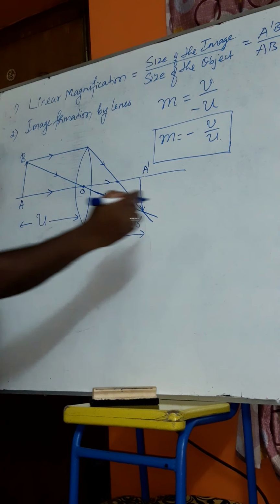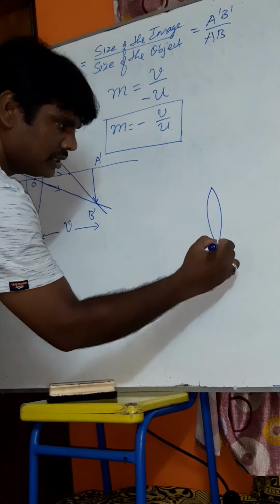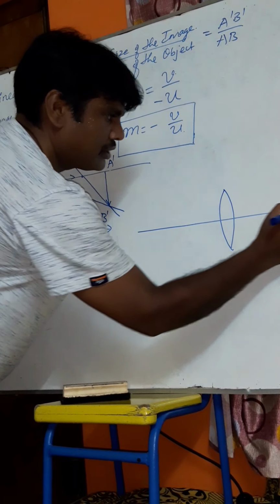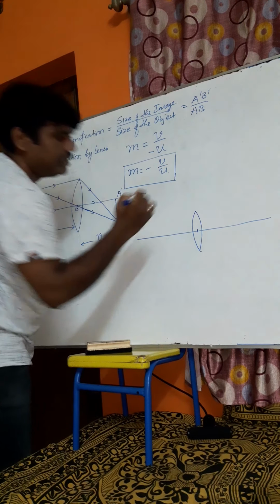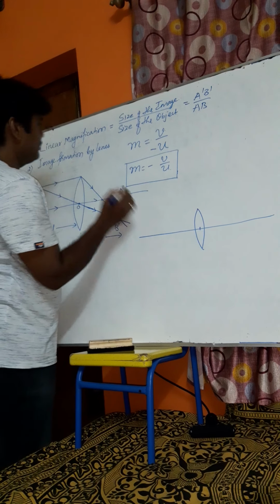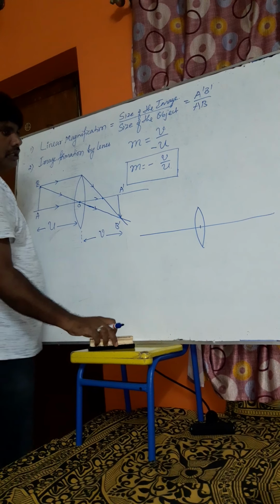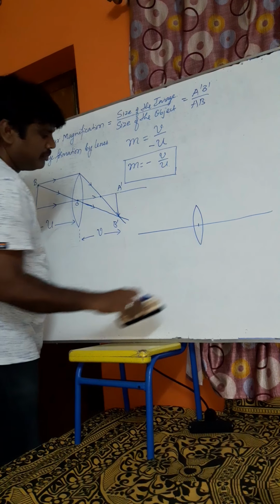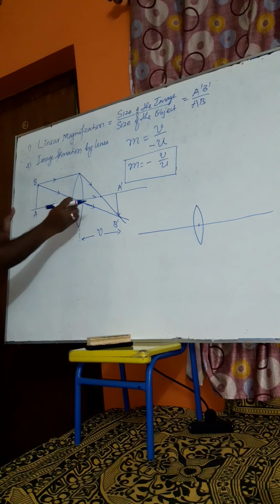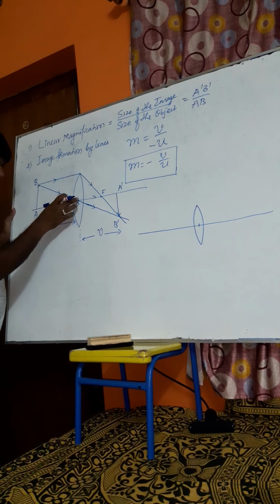If the same convex lens is producing a virtual image, at what point it is producing a virtual image is very important. That comes under image formation by the lens. In case of image formation by the lens, depending upon the position, say this is the principal focus, yeah? At the same distance, we have to consider here also.